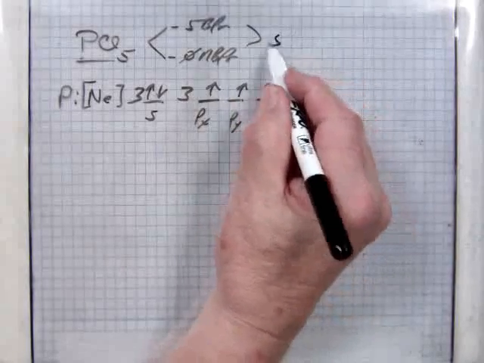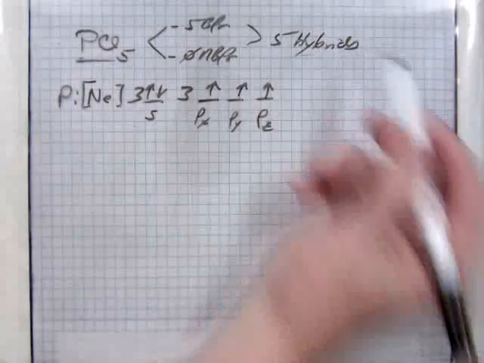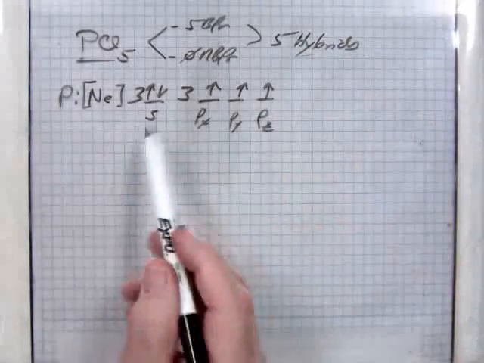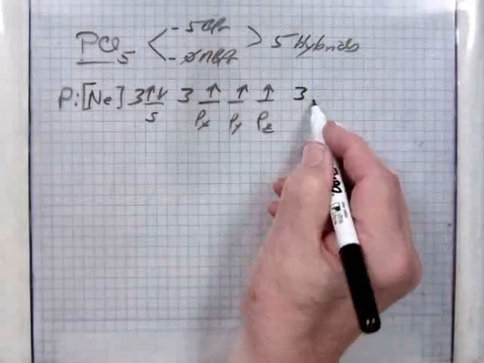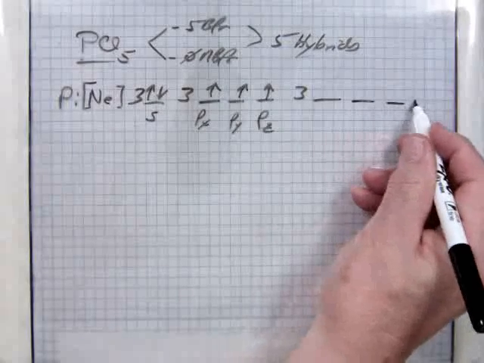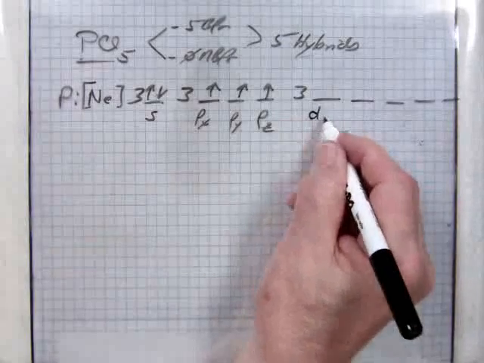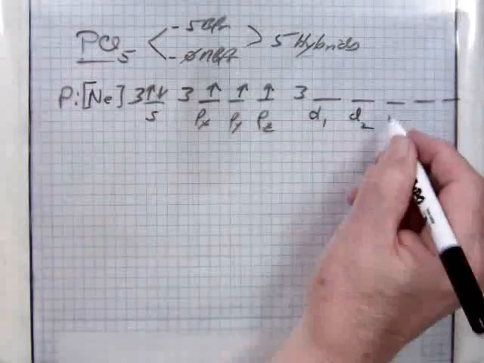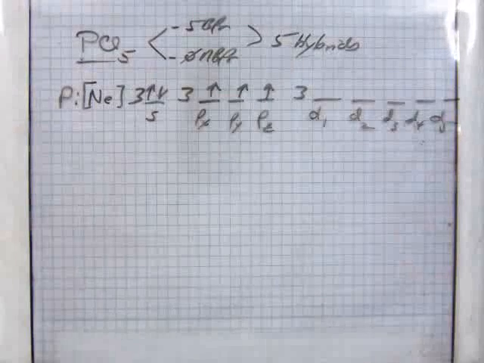So I need to take those, but I've got an s and 3 p's. Where did I get the other one? It's out here, the 3d. Remember, d has 5 orientations. I'm going to call them d1, d2, d3, d4, and d5 just for illustration.